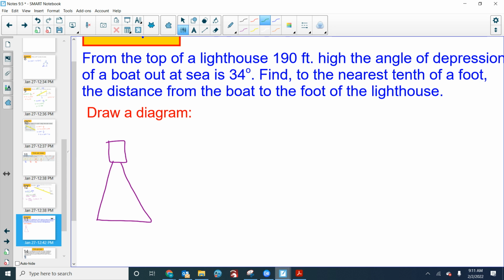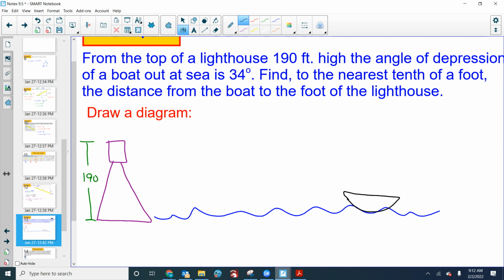All right, from the top of a lighthouse, 190 feet high, the angle of depression to a boat out at sea, a dinghy, is 34 degrees. Find to the nearest tenth of a foot the distance from the boat to the foot of the lighthouse.